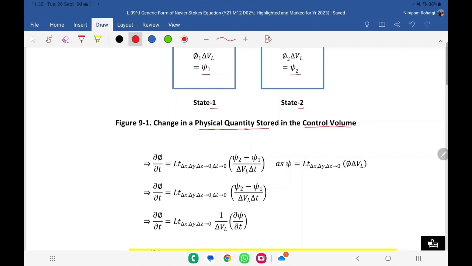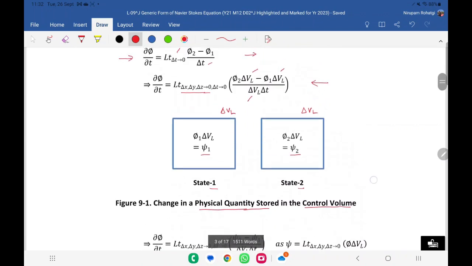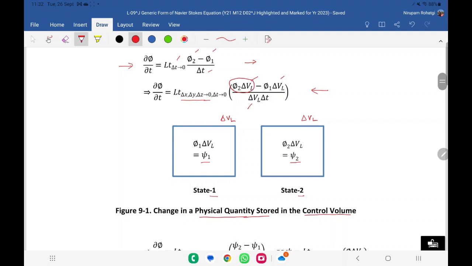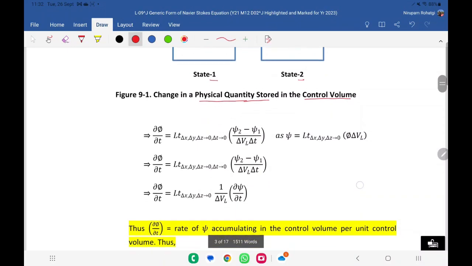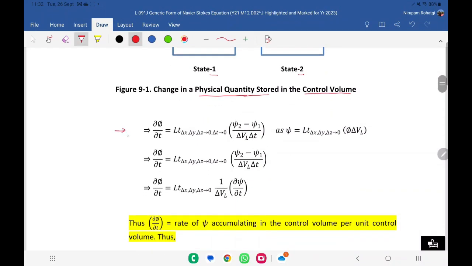So you can write it like this. What you are doing here is you are replacing this term and this term by psi 2 and psi 1. Okay. So this is what it becomes. Now here what we are doing is same thing. What we are assuming?